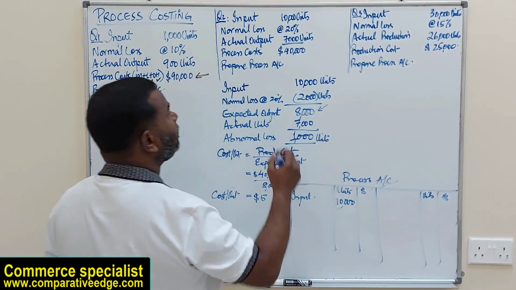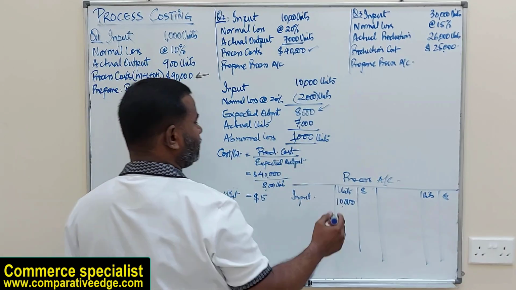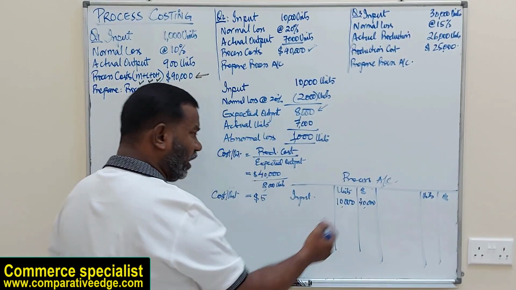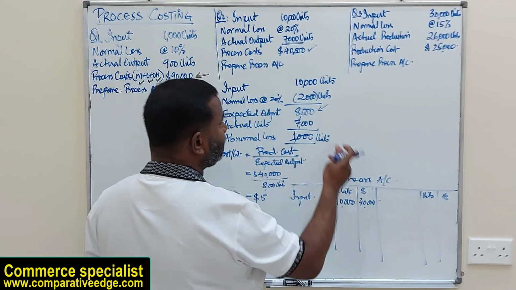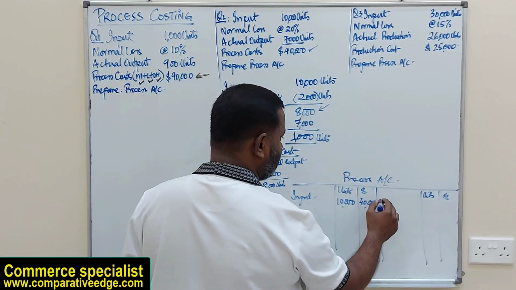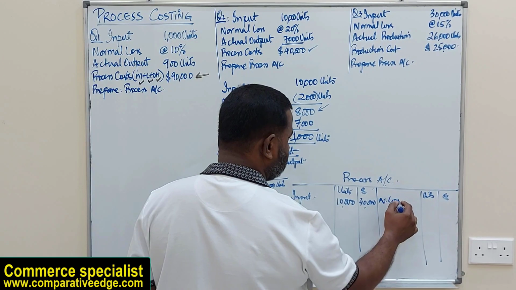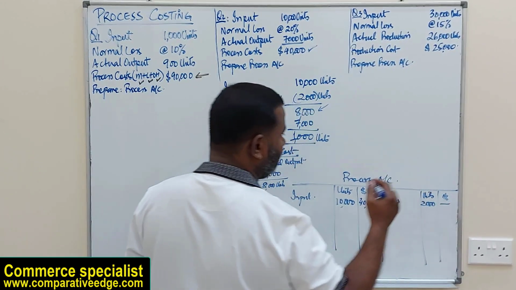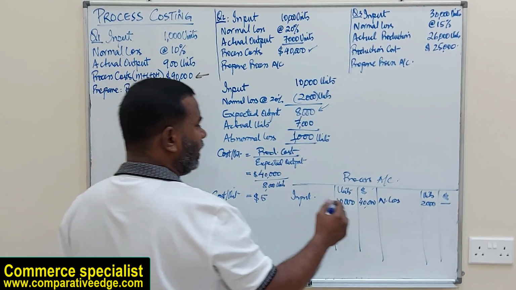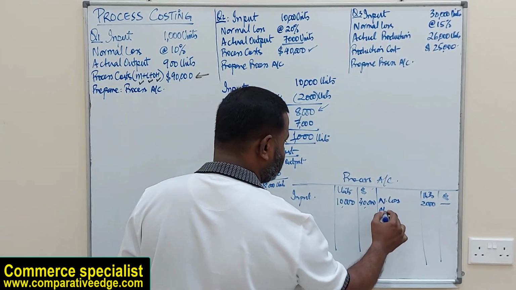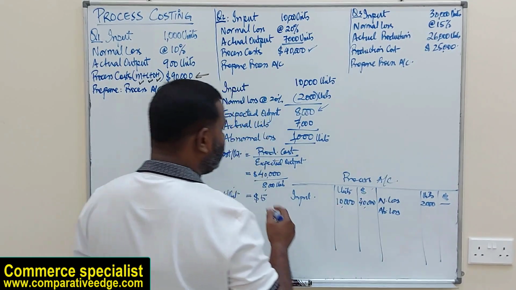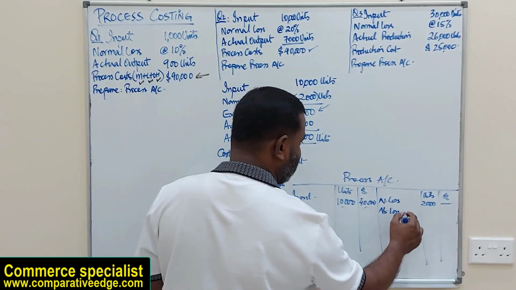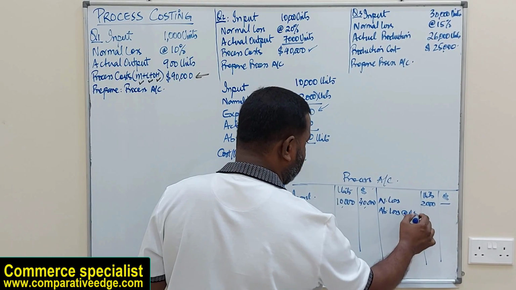And on these 10,000 units, you have spent 40,000 to produce them. This is your production cost. What happened to these 10,000 units? Out of these 10,000 units, normal loss was for 2,000 units. As I said, we do not attach any value to normal loss. Then we also have abnormal loss, which is valued at $5.